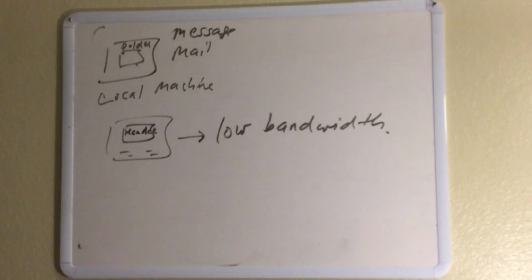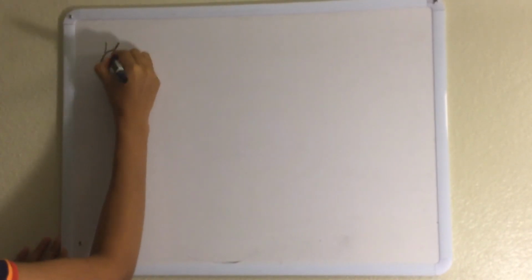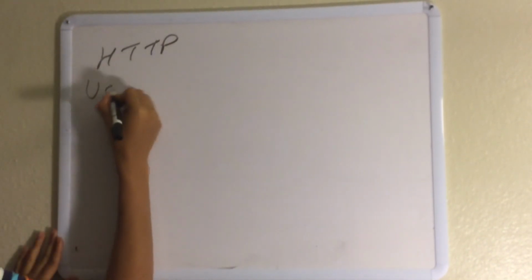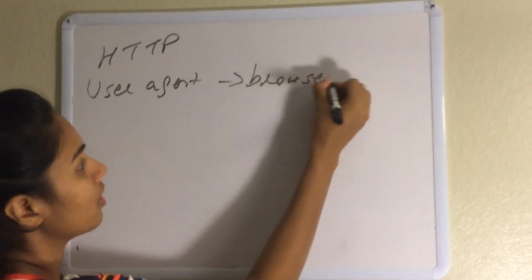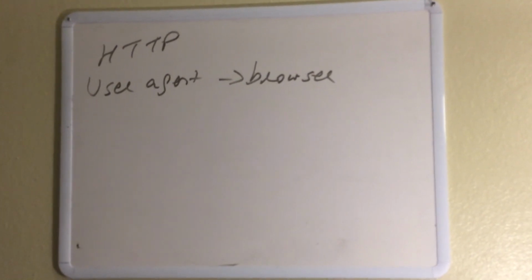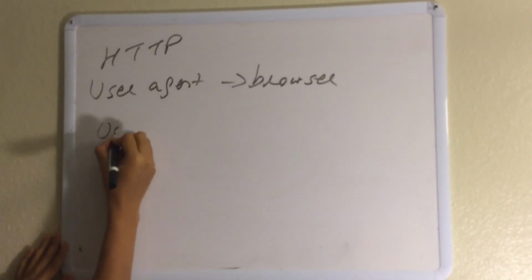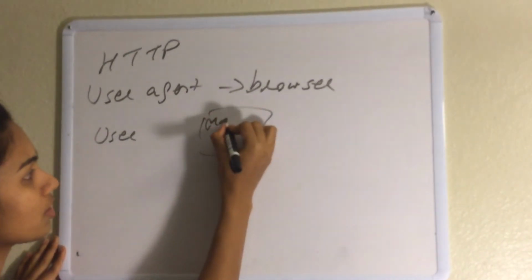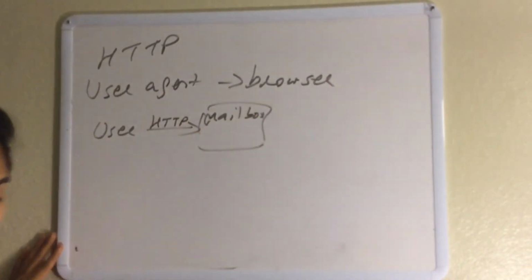And now the third thing is, as we have POP3 and IMAP, we also have HTTP. Here in HTTP, basically the user agent is the browser. So whenever the user communicates with the remote mailbox, the user can communicate with his mailbox over HTTP only.